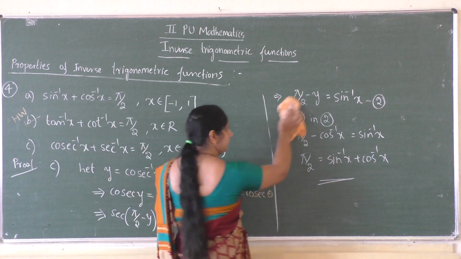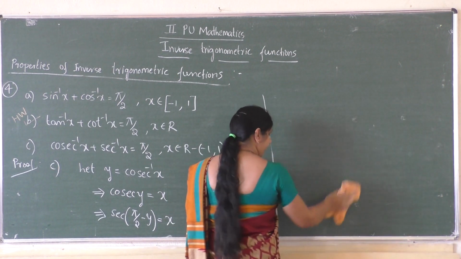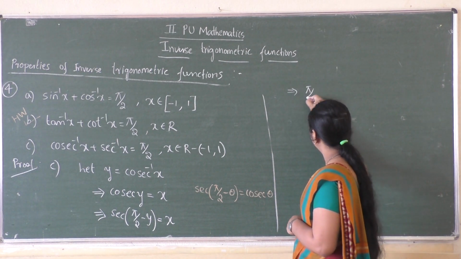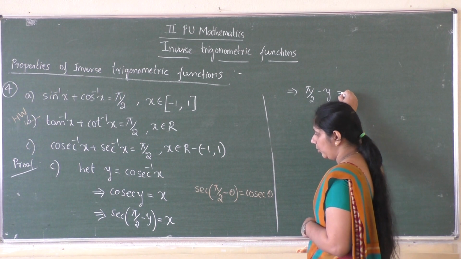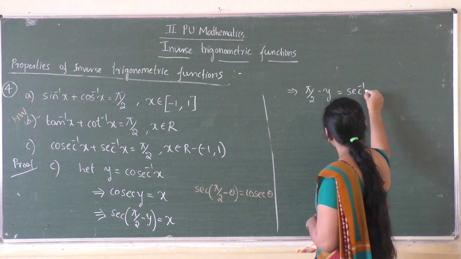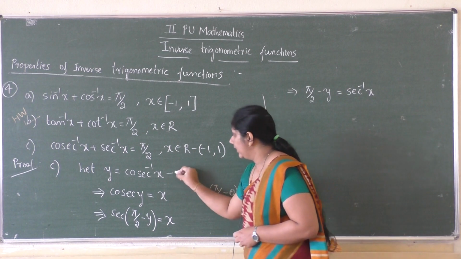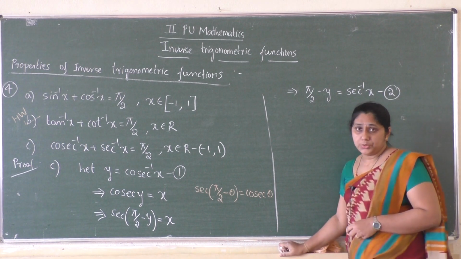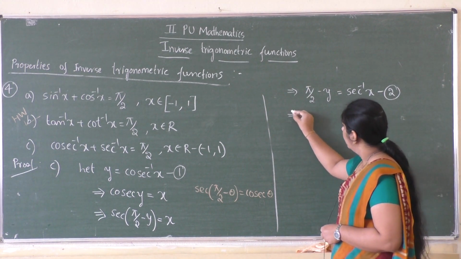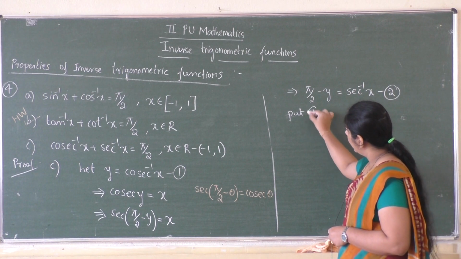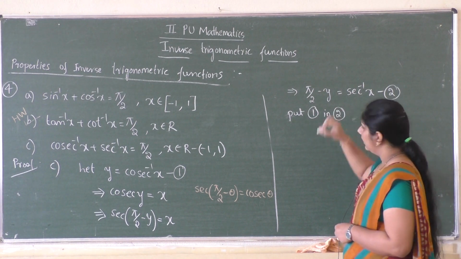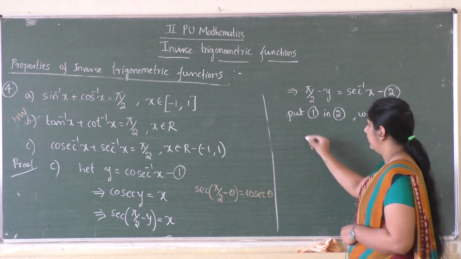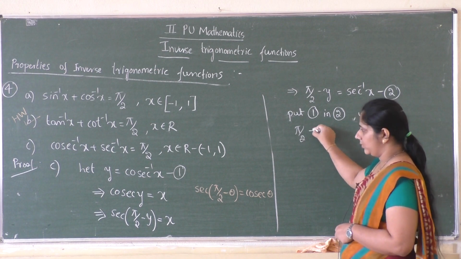Now that implies this can be written as pi by 2 minus y equal to sec inverse x. So take this as equation 1 and this one as equation 2. If I put equation 1 in equation 2, we get pi by 2 minus, what is y here?